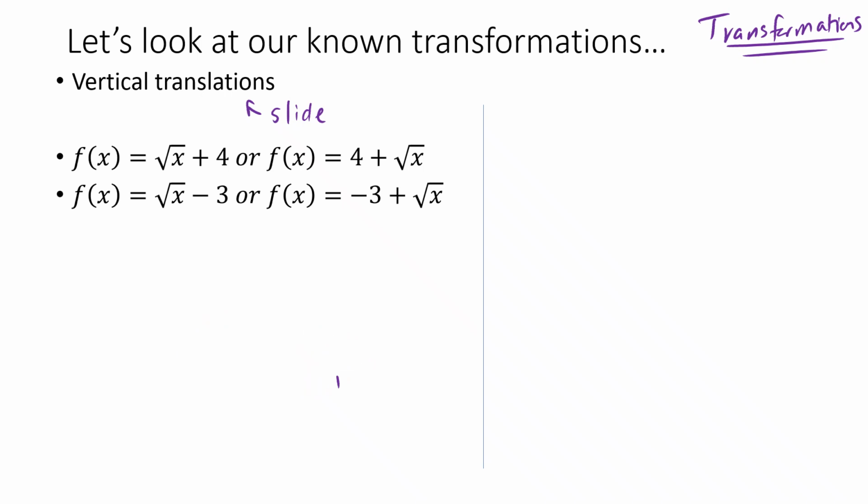And so you could have this first one, which would slide it up 4. Okay, and this would also be up 4. Now, if you subtract a number, that's going to take it down. So this would be down 3. And if you switch the order, okay, notice that the negative goes with the 3.